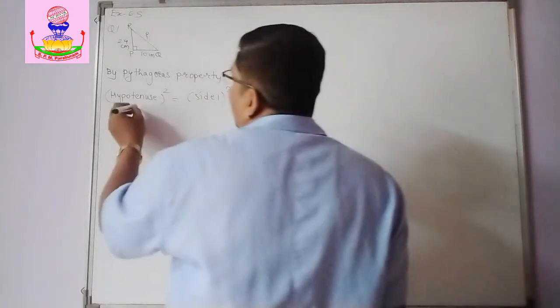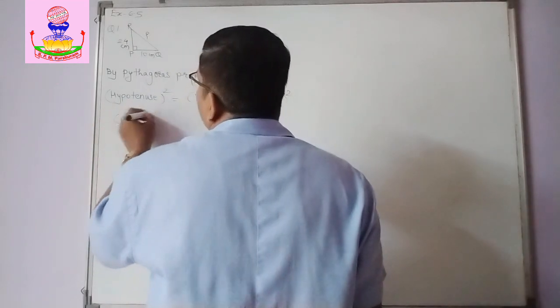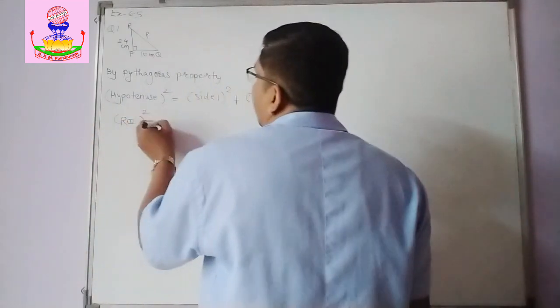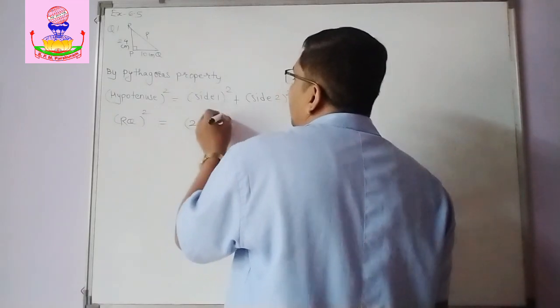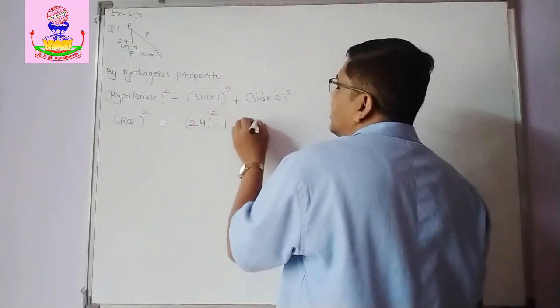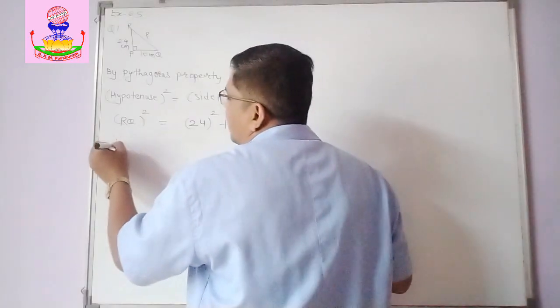We want to find the hypotenuse square, so RQ square is equal to side 1, suppose 24, so 24 square, plus side 2, suppose 10, so 10 square. Now I don't know what RQ is, so keep that RQ as it is.